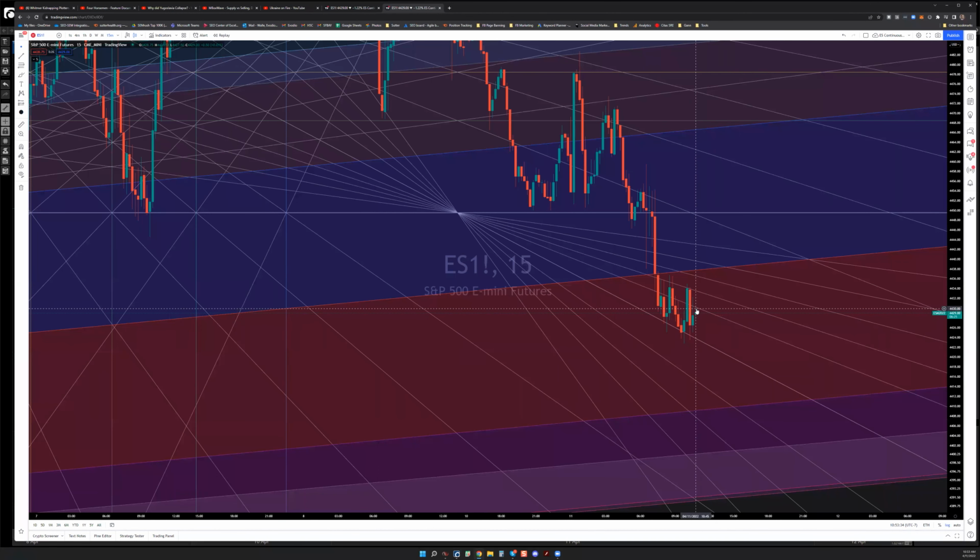Earlier you saw how we could have bounced right off of that and taken that swing down. Okay, so there's a lot of volume, a lot of trading going on within such a tiny little window. And so you don't need a whole lot of movement up and down in order to come out profitably.